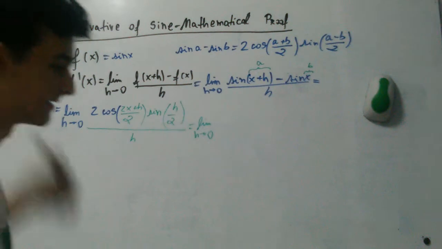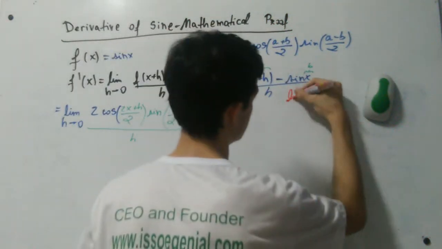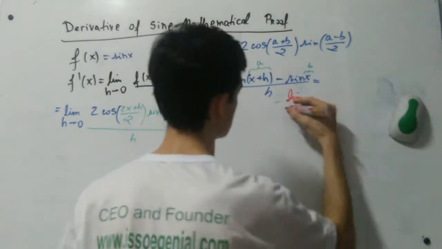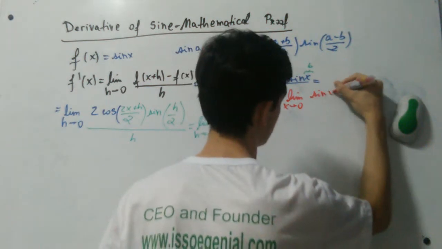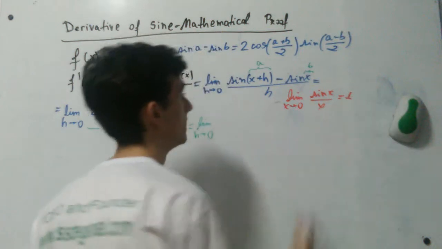This reminds us of a famous limit, which is the limit when x approaches 0 of sine of x over x. This is equal to 1.